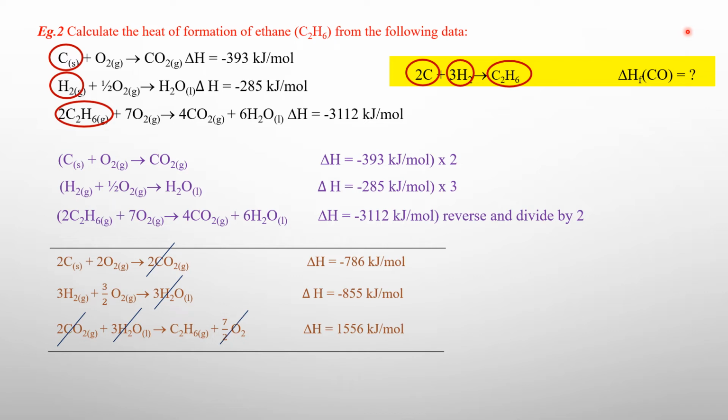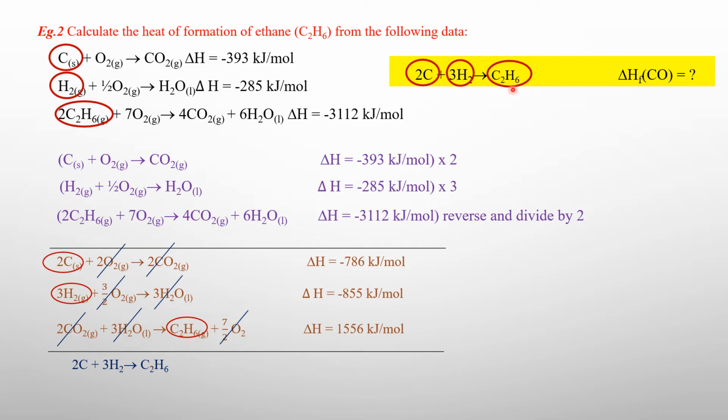Add the 2 moles of oxygen, 2 plus 3/2, you add them up and it will cancel out with 7/2 moles of oxygen. Okay, so now we are left with 2 moles of carbon on the reactant, 3 moles of hydrogen on the reactant and 1 mole of ethane on the product. So when we bring this equation down, this is what we get. So now you can see that this equation and the one that we have here is the same one.